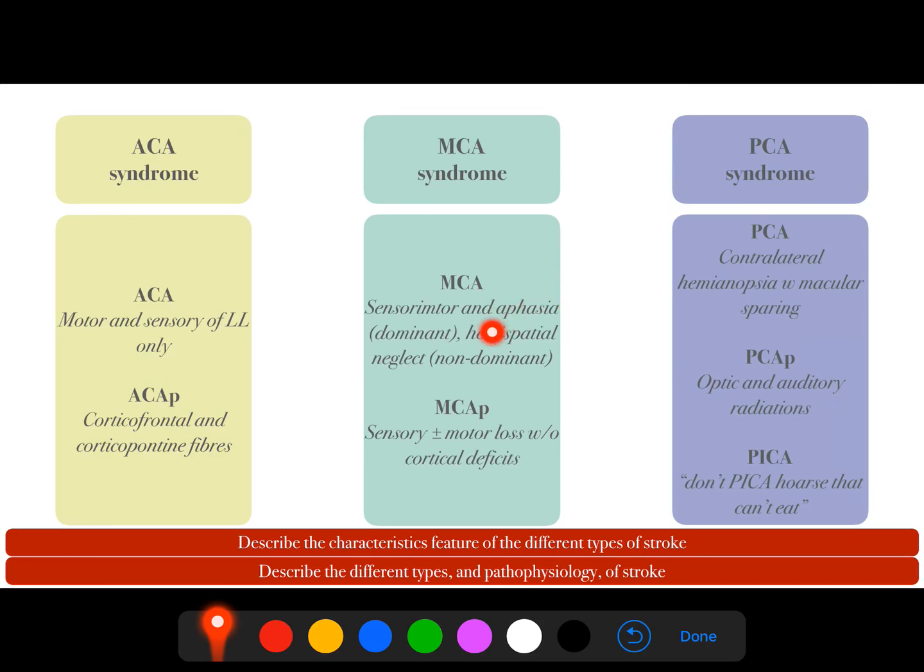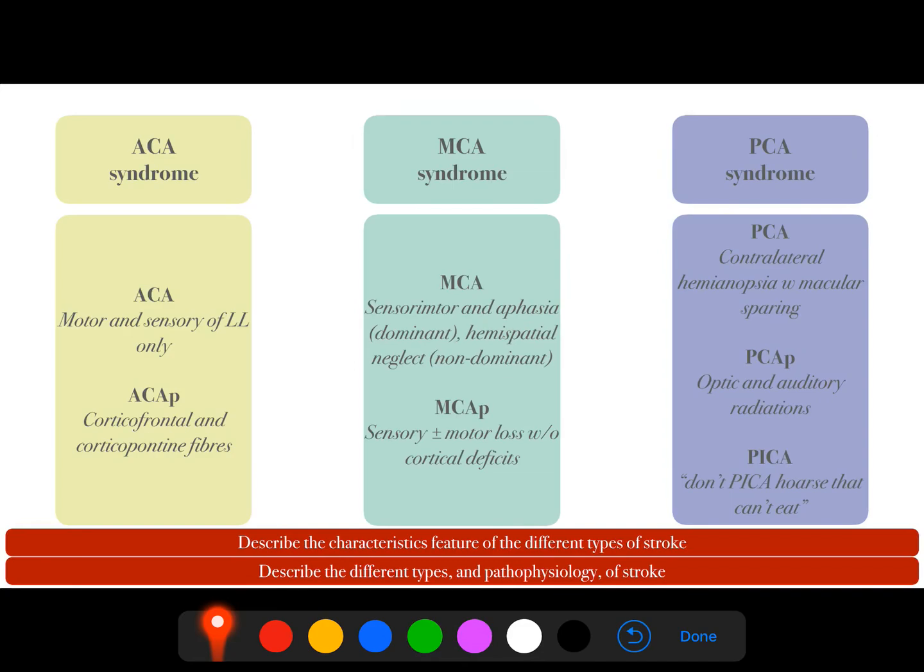Just remember that if your dominant hemisphere, which is defined by language, is affected, you're going to have Broca's or Wernicke's, so expressive versus receptive aphasia, or if the arcuate fasciculus, which connects Broca's and Wernicke's, is involved, then you will have a conduction aphasia.